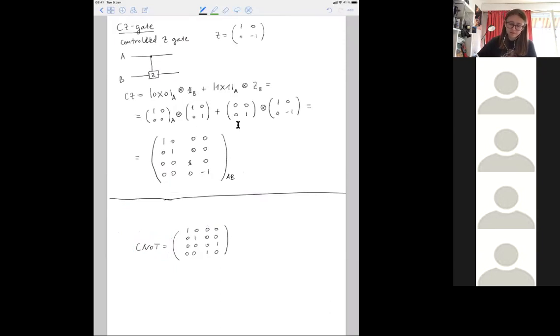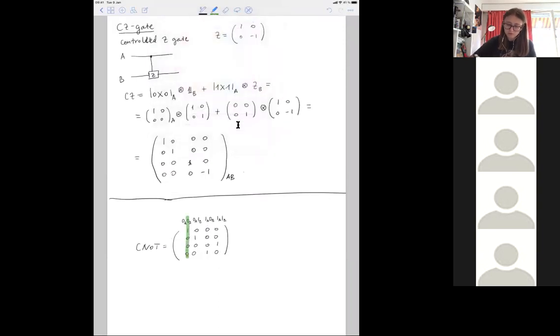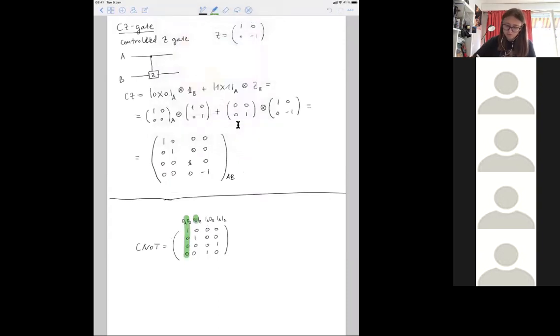And the way we label them here is we start with 0 on A, 0 on B, 0 on A, 1 on B, 1 on A, 0 on B, and 1 on A, 1 on B. So this was for the columns. And now for the rows, we do the same in the same order.